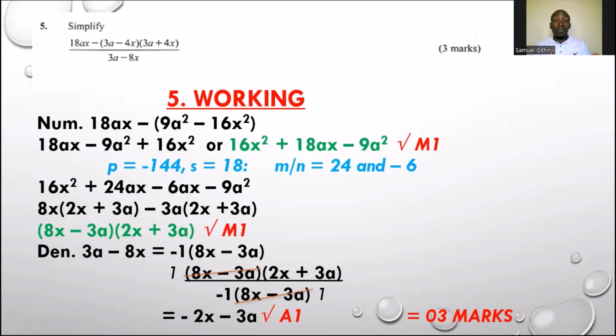So this is again a quadratic expression. You need to simplify. Products of two numbers equals to 16 times negative 9. That is negative 144. The sum is positive 18. Remember, the first marking was this expression here. Okay, the two integers, positive 24 and negative 6.